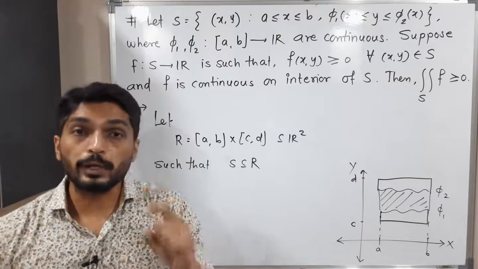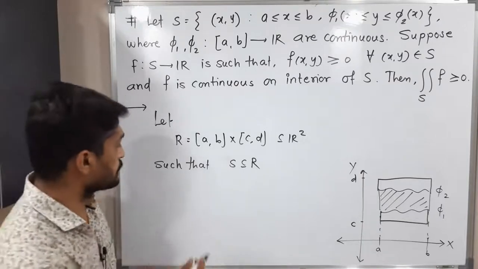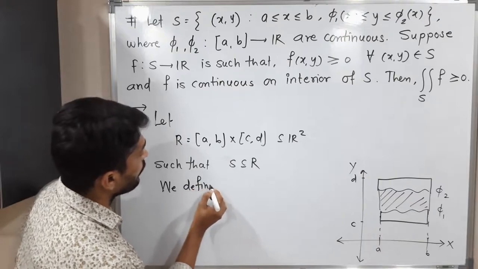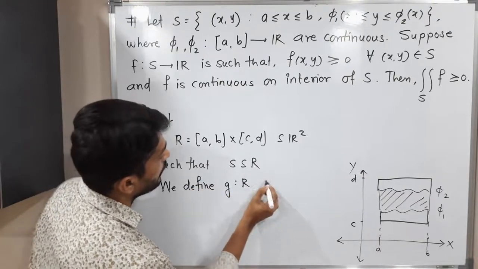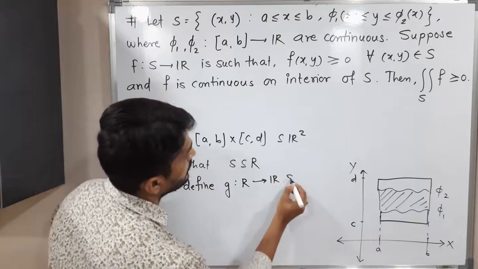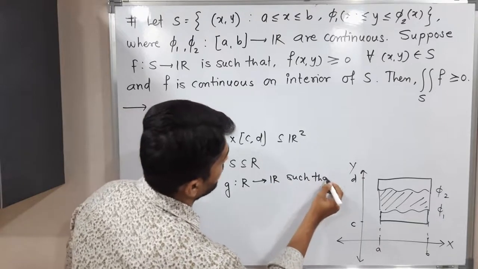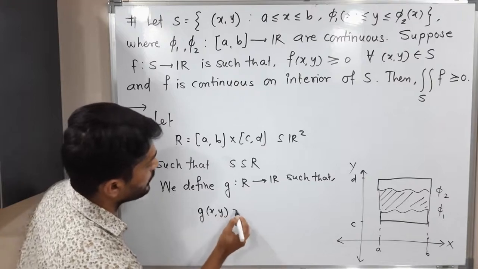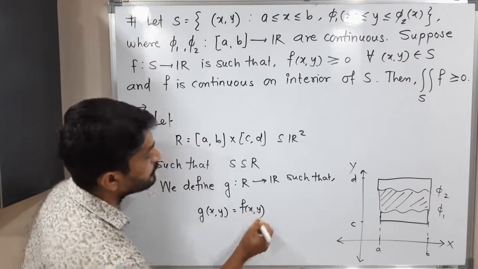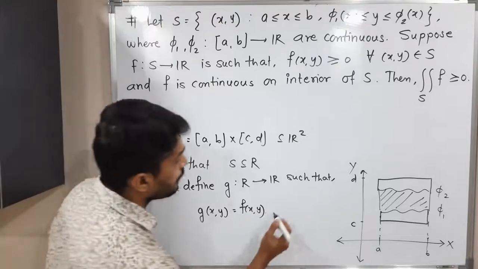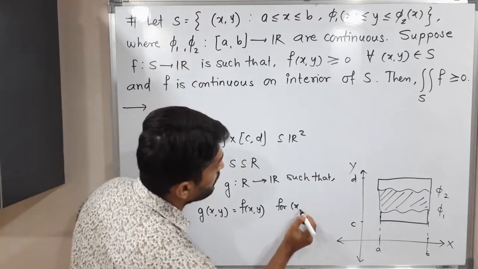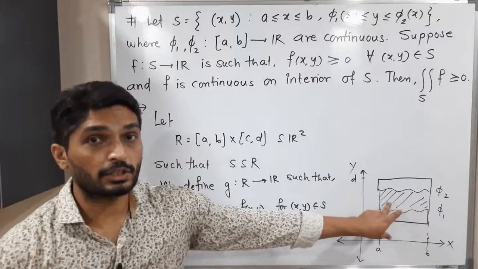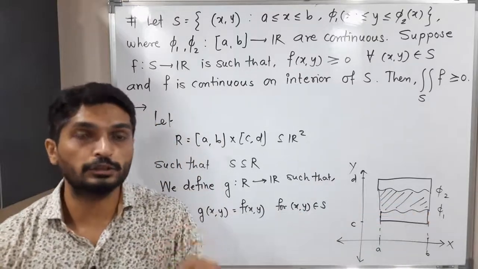Now we define one more function G from R to R, defined in this way. G of (x,y) is equal to f of (x,y) for (x,y) belonging to S. That means if the point is from this shaded region S, then the values of f and g are the same.